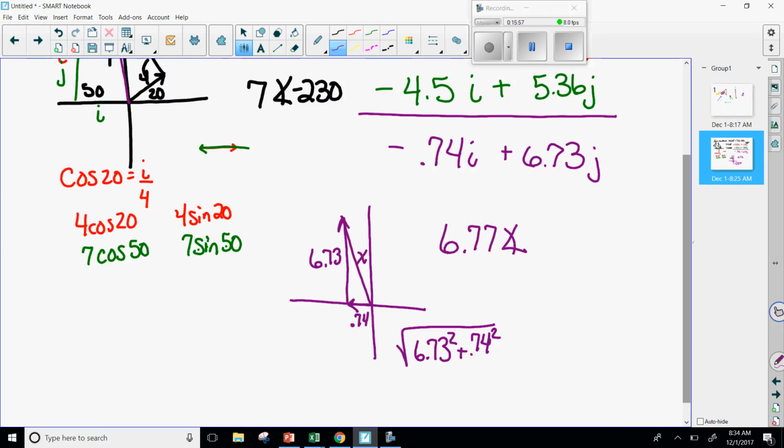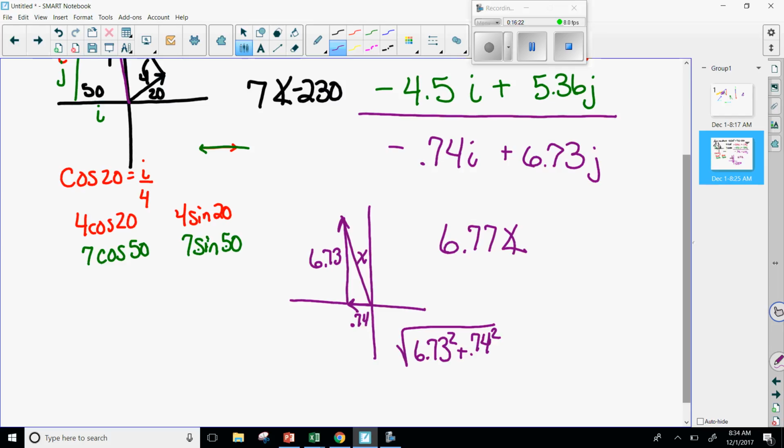Let me grab my calculator. Second function square root 6.73 squared plus 0.74 squared, I get 6.77. Oh, okay.